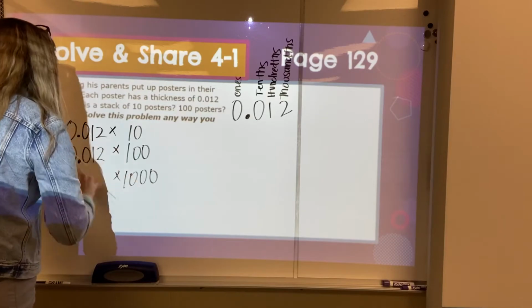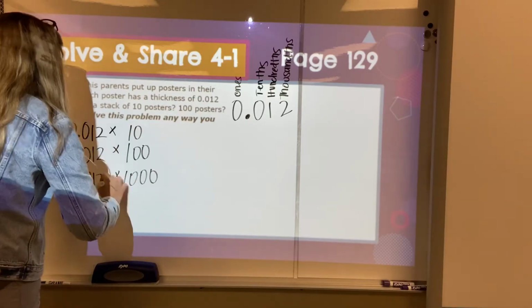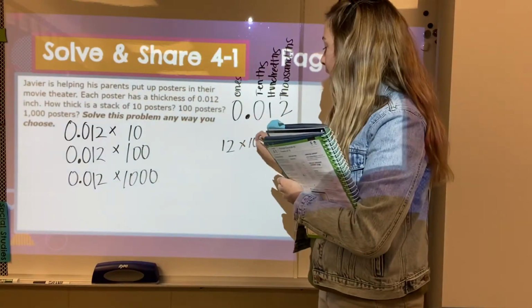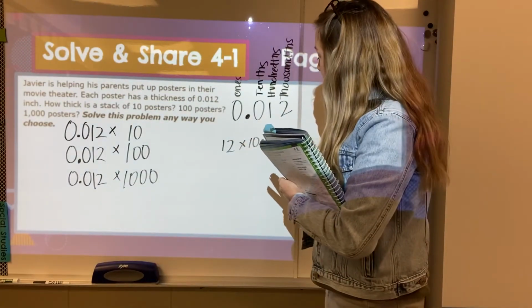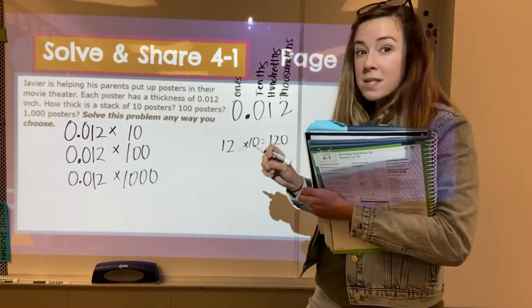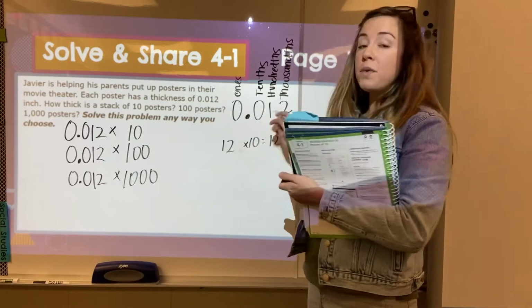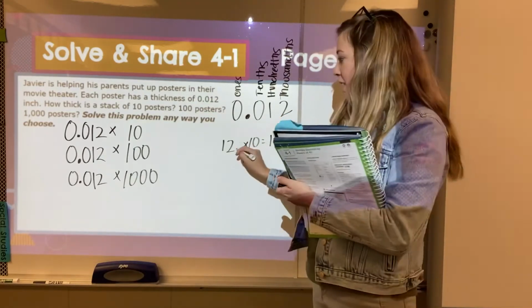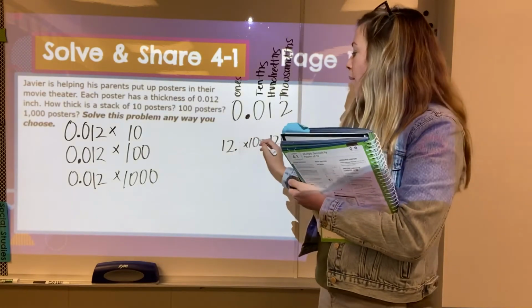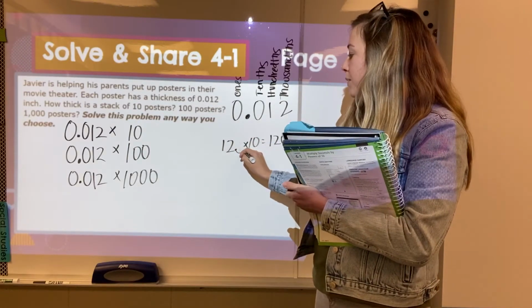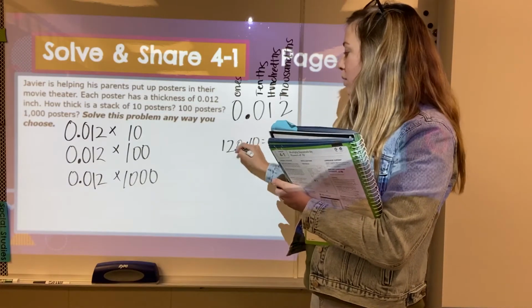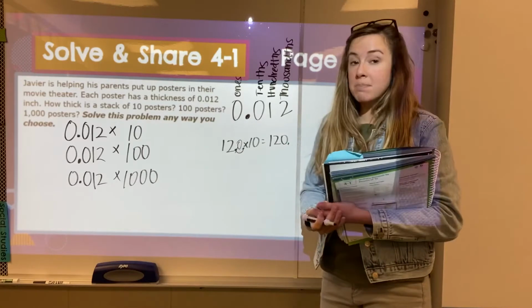When we're doing a whole number, say 12 times 10, I know I'm just going to add a 0 to that and it becomes 120. But what you don't see is that you're actually moving over a decimal point. If this is my 12, that's my ones place, my tens place. When I add a 0, I'm moving the decimal one spot over, and then I annex or add in a 0 in that missing spot.